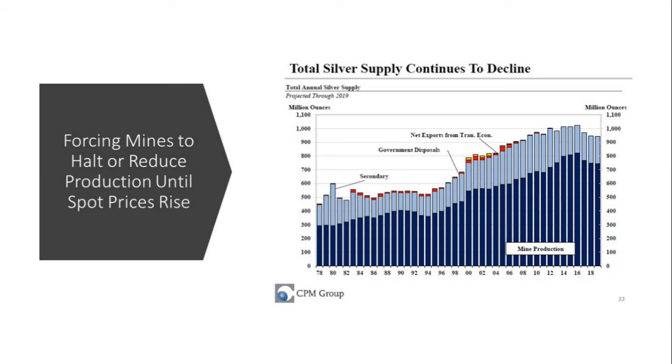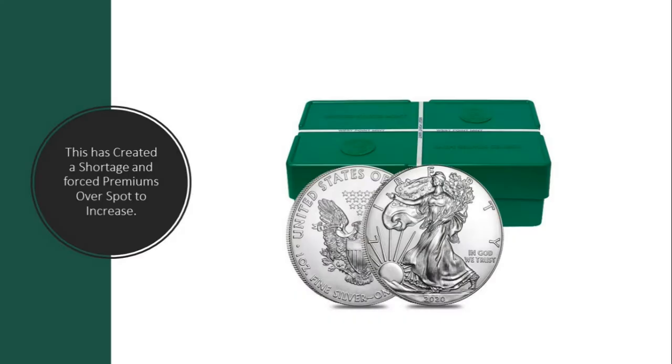And the result is mines are either halting or reducing production until spot price goes up. As you can see, mine production continues to decline because mines aren't stupid. Their owners aren't stupid. They know silver's worth a lot more than what they're selling it for. So they'll sell enough to stay in business, but they're going to hold back on their reserves until spot price goes up.